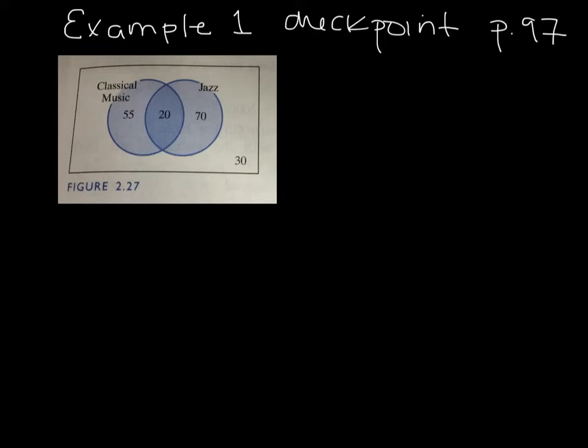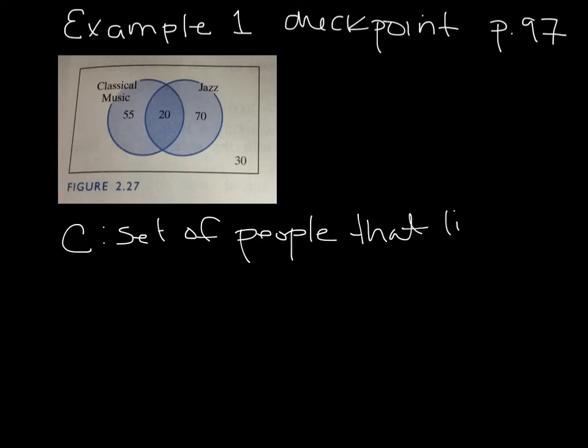Okay, since we're going to answer questions about these sets, let's make sure we understand what sets we're actually talking about. So we're talking about these two sets, and I would start out by maybe defining your sets. So maybe, let C be the set of people that listen to classical music.